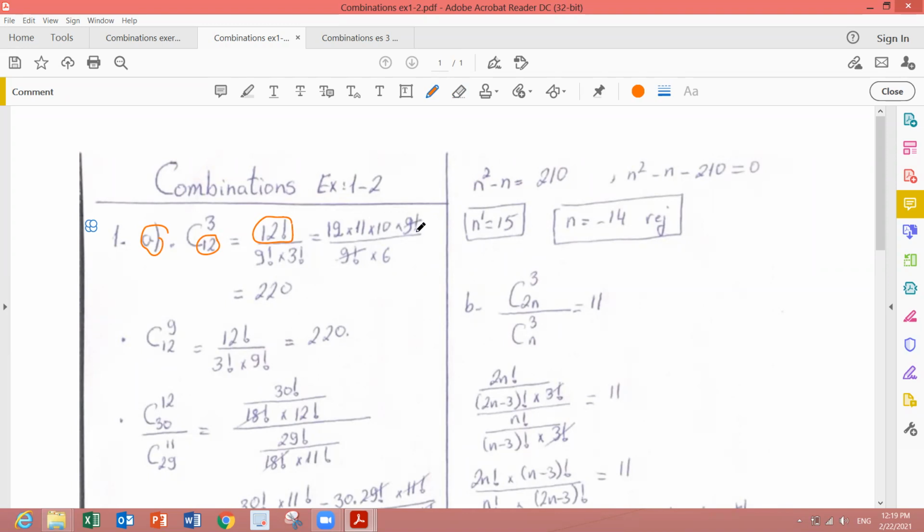I stop at 9 factorial to simplify it with 9 factorial. 3 factorial is 3 times 2 times 1 is 6. 9 factorial and 9 factorial simplified. We get 12 times 11 times 10 over 6. We get 220.